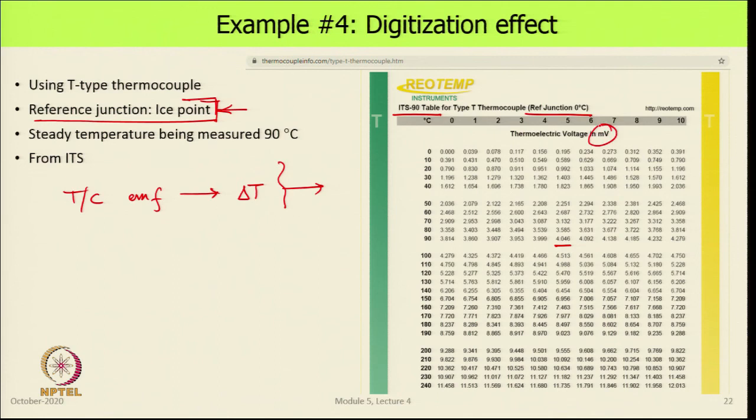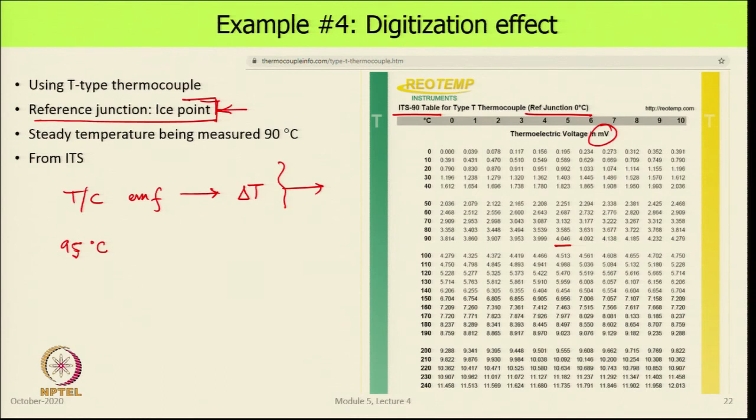So, this is in millivolts. Then you say, my temperature difference was 95 degrees Celsius. And we could even interpolate between that, maybe to 1 or 2 more decimal places, depending on how good our other instruments are. So, if I just measure EMF, I will use this table and get a temperature.